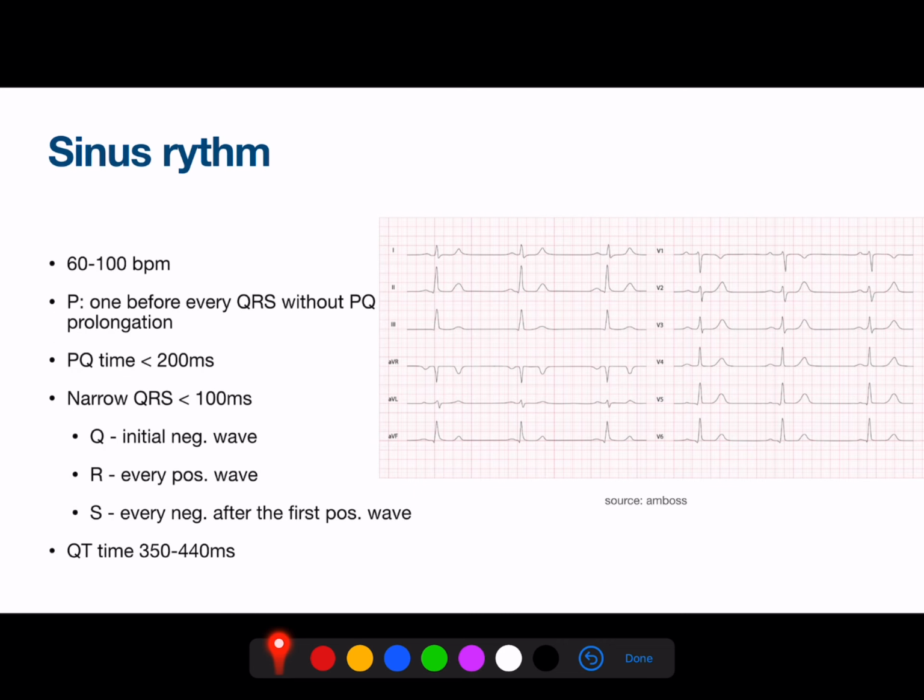Okay, now I talked about PQRST, and you probably have never heard of it. So I will talk about it now. This is a sinus rhythm. The sinus rhythm is defined by the heart rate of 60 to 100 beats per minute, and there's one P wave before every QRS without PQ prolongation, and the rhythm has to be regular.